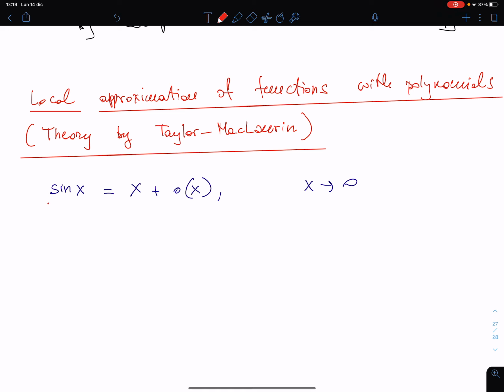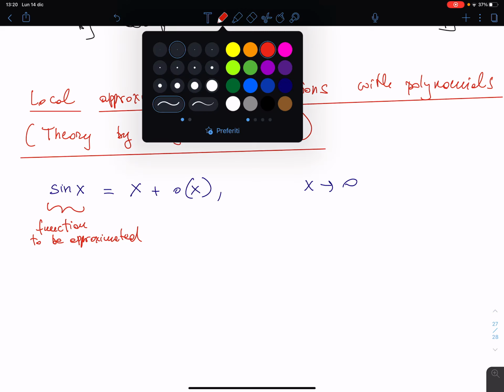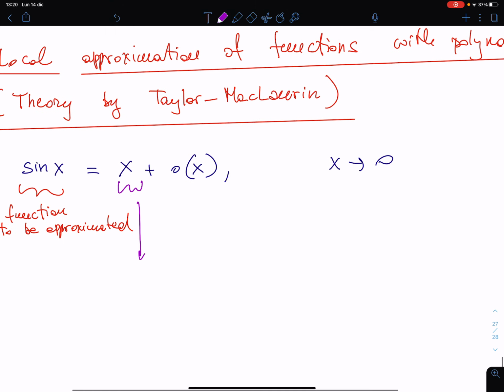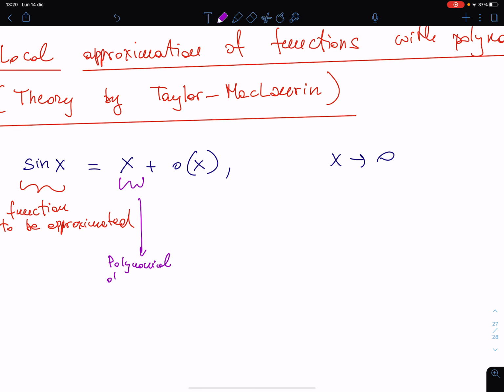First, sine of x is the function to be approximated. And x, in this case, is the polynomial of degree 1 that approximates the function.